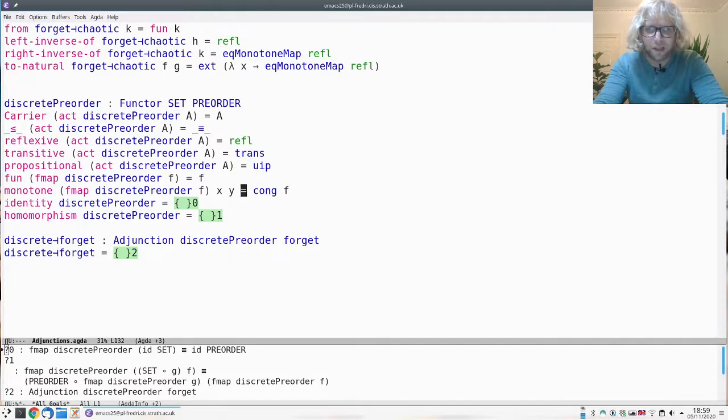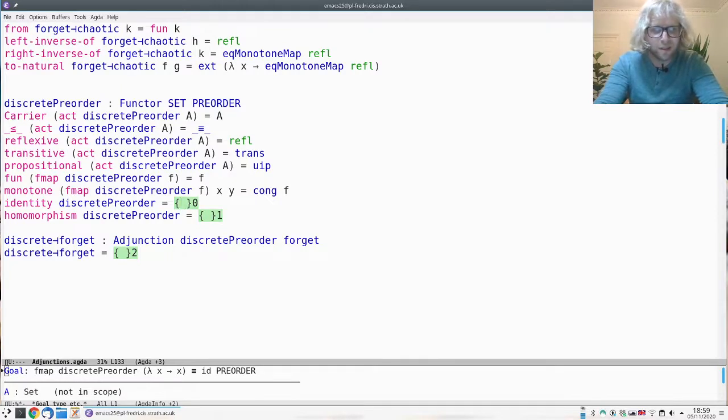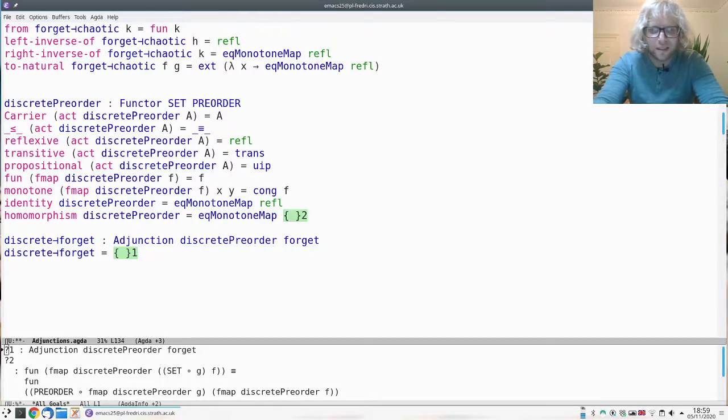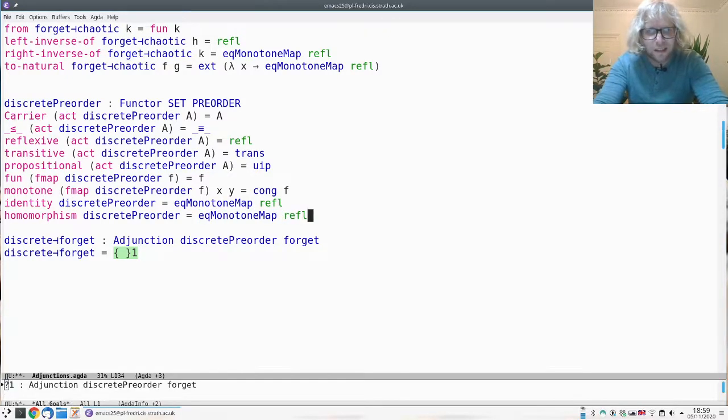Or we could pattern match on the proof here and then re-implement Kong. Okay, does this preserve the identity? Well, it's enough that the underlying function does, and it certainly does. Does it preserve composition? It's enough that the underlying function does, and it certainly does. So we do have a functor.